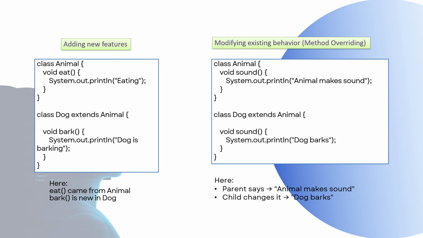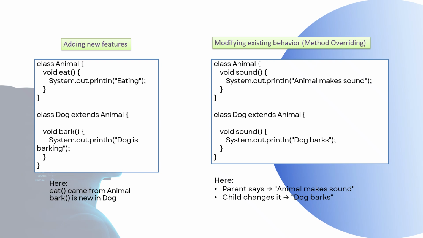Here the child class is redefining the method that already exists in the parent class. This process is called method overriding. Method overriding means the child class can provide its own implementation for a method that is already present in the parent class.